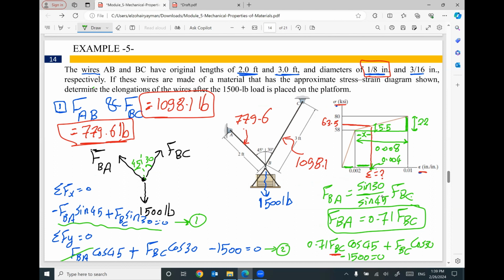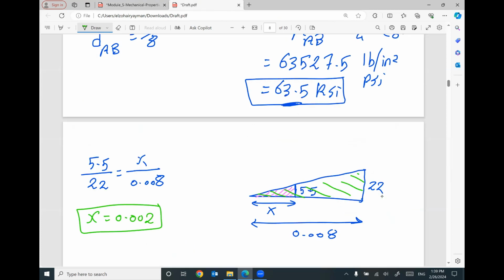So the corresponding strain here will be 0.004, which is corresponding to the applied stress 63.5. So for this stress, we will have a corresponding strain equal 0.004.